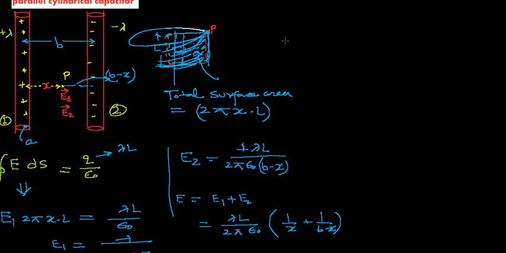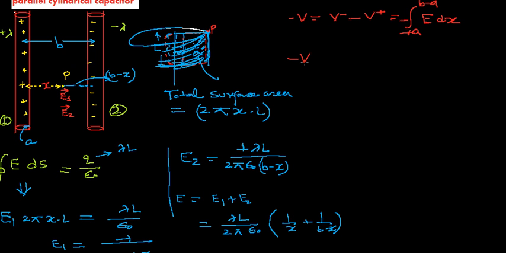Now, our usual formula to find the potential difference between the two surfaces: V will be equal to V plus minus V minus, right? According to the formula, this will be the integral from a to b minus a of E dr, or dx here.